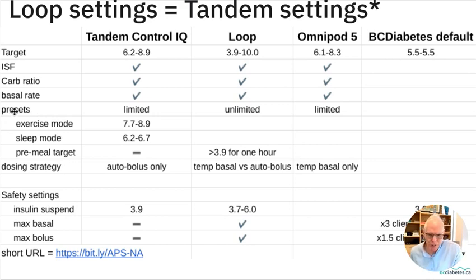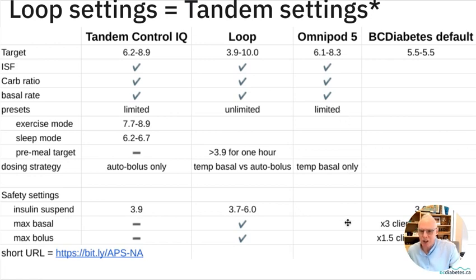We're going to talk about presets. Custom presets allow a user to add an override that helps them when their sugars are high or helps prevent when their sugars are low, and we'll get to that more. Loop has an unlimited number of custom presets, and we'll go over them. Tandem has limited, and so does Omnipod 5, I believe.